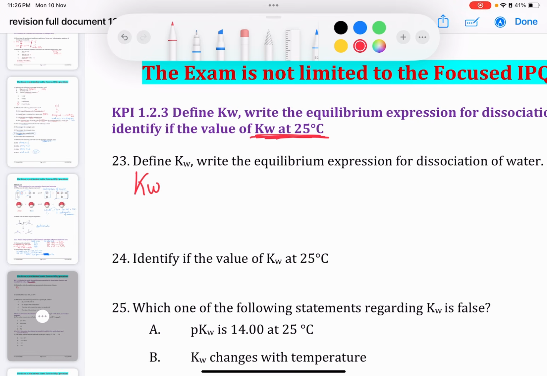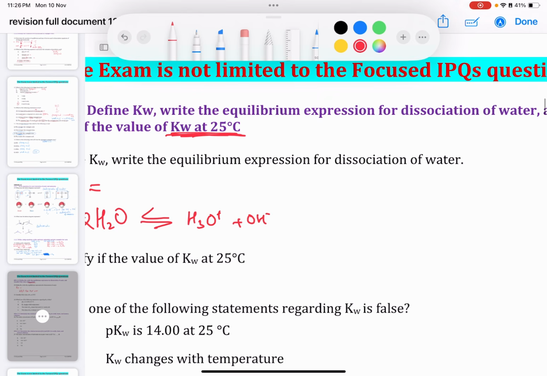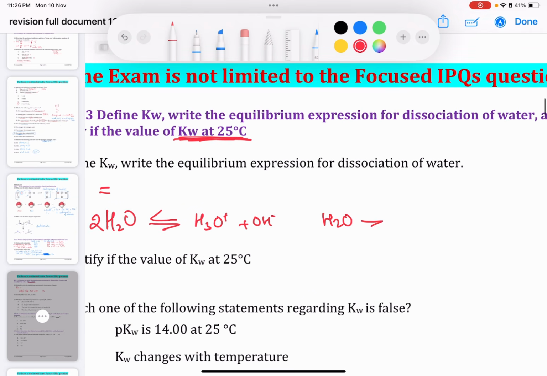If I write the equation of H2O ionizing into H3O plus and OH minus, or if you write H2O ionizing into H plus and OH minus, this is liquid. So when I write the expression of Kw, I do not include the concentration of water.